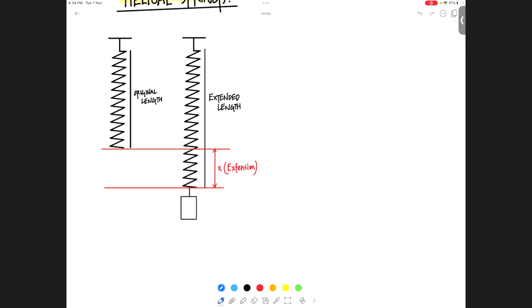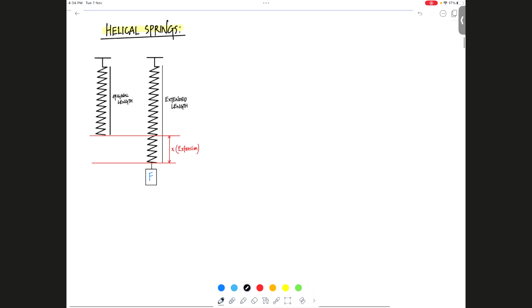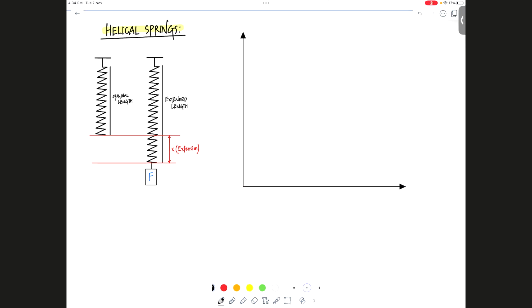Now, what we're going to do is plot a graph here. Each chapter is graph heavy, and the graph we'll plot is your force versus extension graph. And right away, you'll notice that something is odd about this graph.